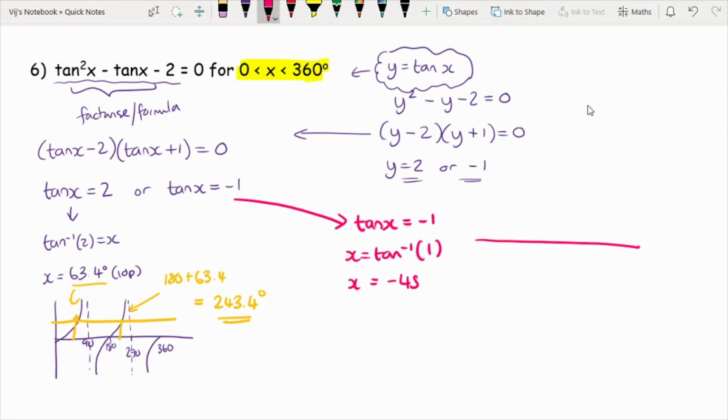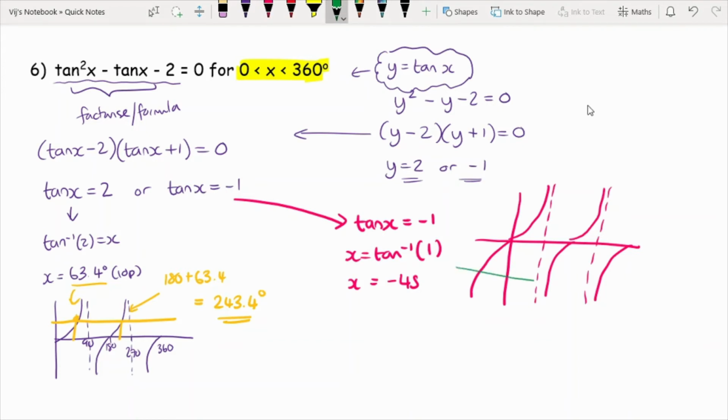Now, because my first value is minus 45, I'm just going to extend the sketch so I've got some values on the left hand side, because like I said, the calculator only gives me values that are going to be closest to the y-axis. So if I then draw my line of minus 1, which I'm just going to assume is there, and again apologies for the accuracy of these diagrams, they're not the best, but hopefully they do vaguely resemble the values I'm looking for.